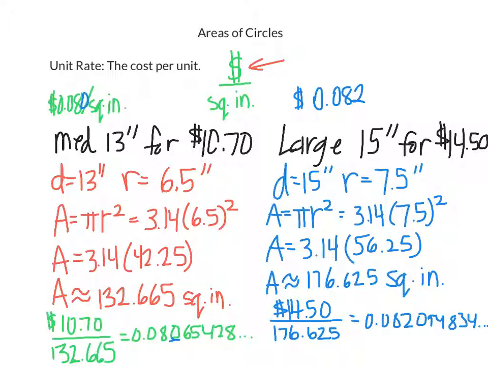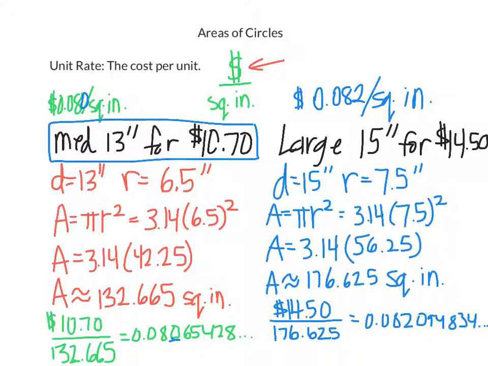So I know it's 0.080. This is 0.082 dollars, really, per square inch. So the better buy, just barely, out of the two that we're comparing, is the medium for $10.70. But it's so small that if you want more pizza, it's relatively the same price. But medium is still a better buy.